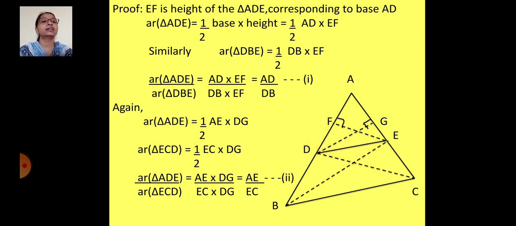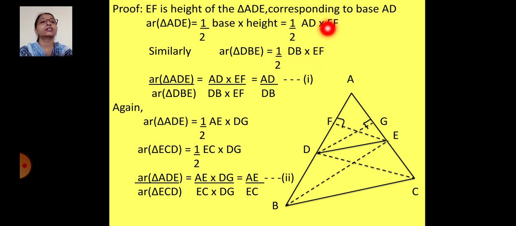Now for triangle DBE, what is the base? BD is the base and EF is the height. EF being perpendicular drawn from vertex E along the base BD. So this is the height for triangle DBE also. So area of triangle DBE is half into DB into EF.